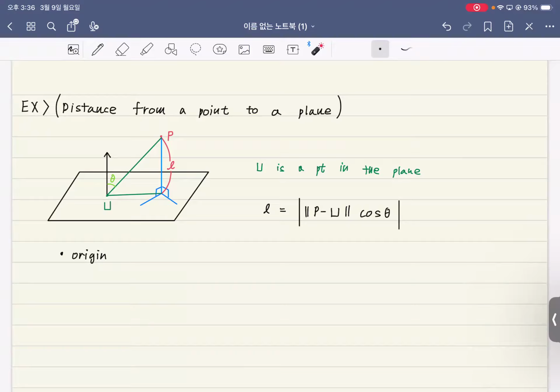Because the length of the side given by this line segment is precisely P minus U, right? So this number is the number that you're looking for. This is the distance. Sorry, this is P minus U.